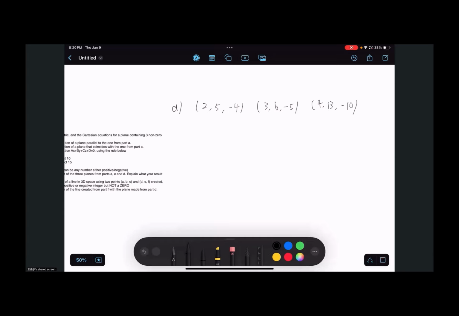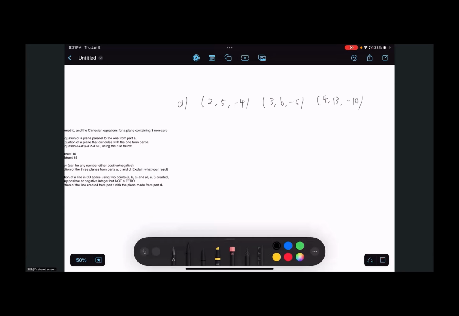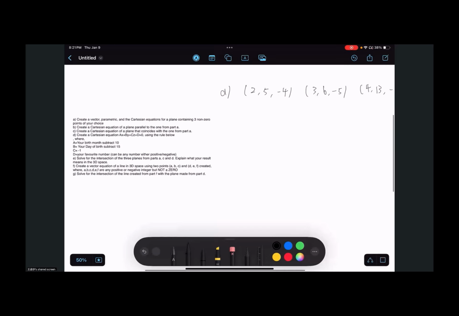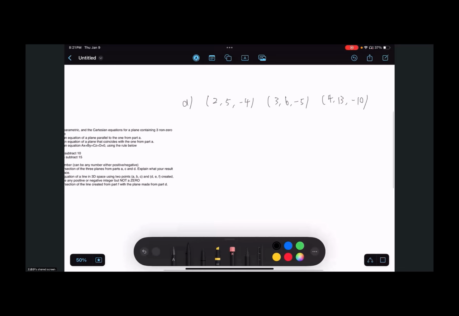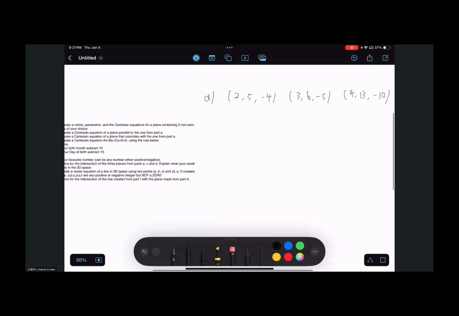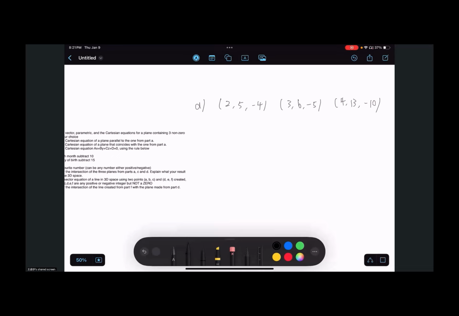So these are the 3 points that we have. At first, I'm going to find the vector equation because it's easier compared to the other two.